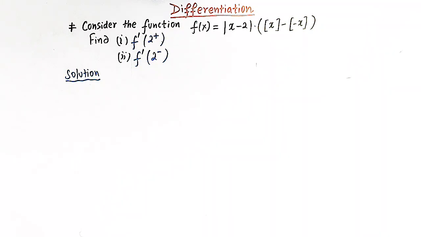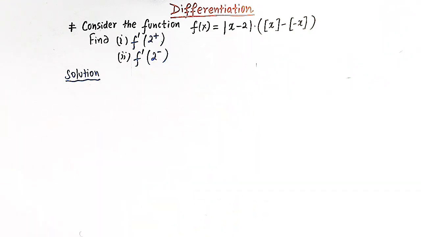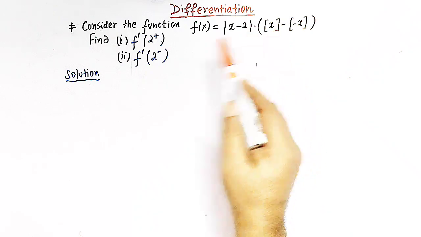Hello viewers, in today's session we are going to discuss another important conceptual problem from differentiation, right? In this session we are going to discuss a problem in which we are given a function f of x, which is a combination of the absolute value function and the greatest integer function.